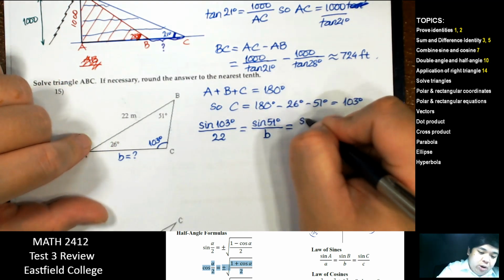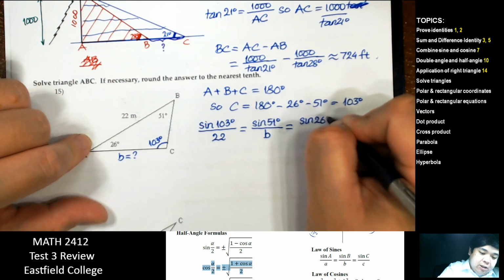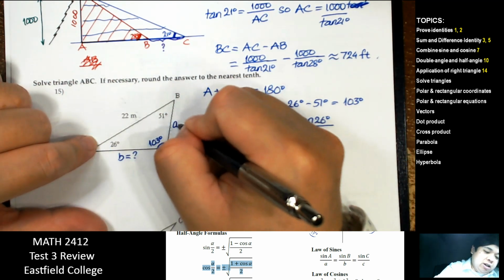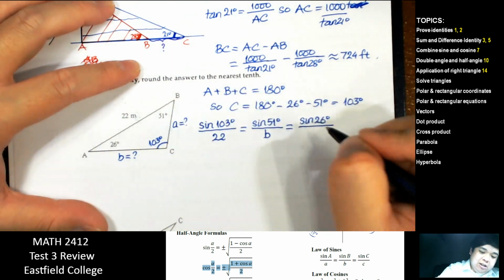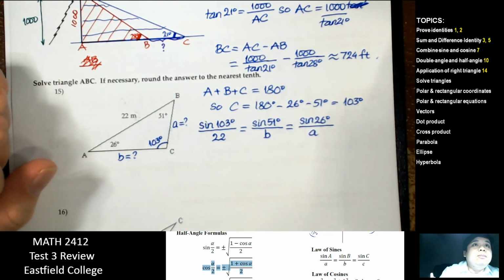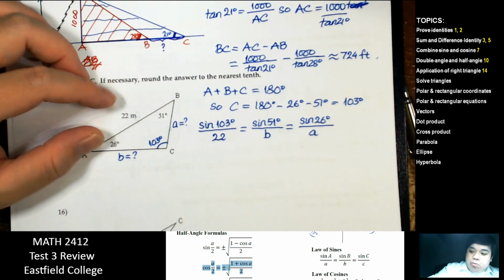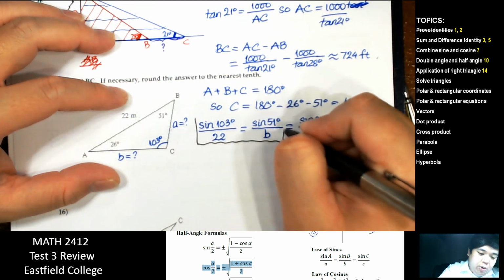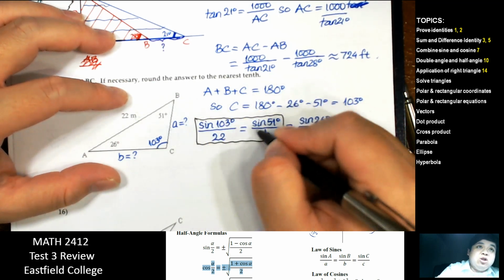And sine of 26, opposite to angle A is the side a. Right. So pretty much that. It's very simple.